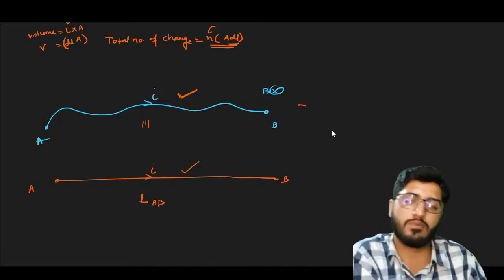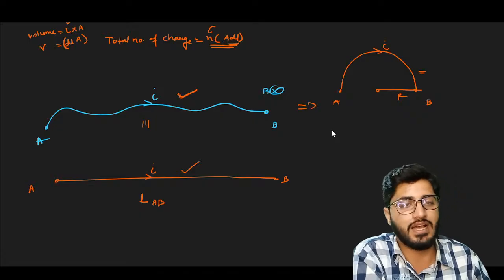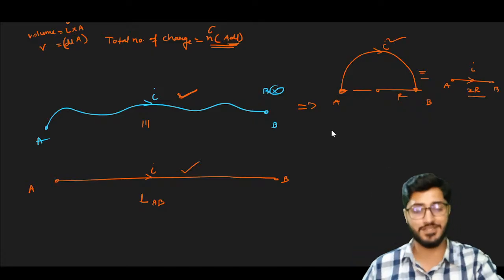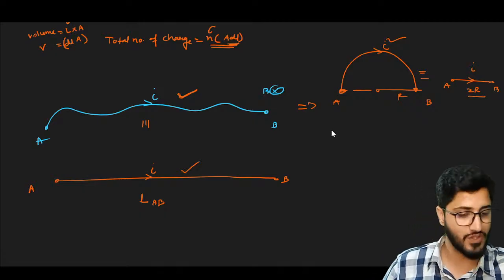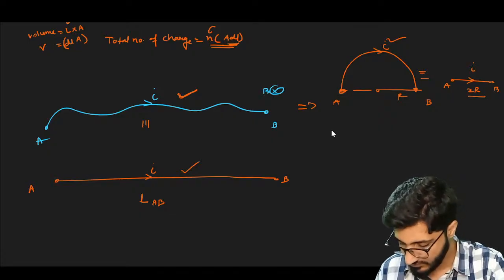One more thing: if my wire is in this shape, A, B, radius is R, current is I flowing, I can simply change it to a straight wire with length 2R. Displacement across A and B is 2R. Current flowing is the same, from A to B. This is your displacement vector.